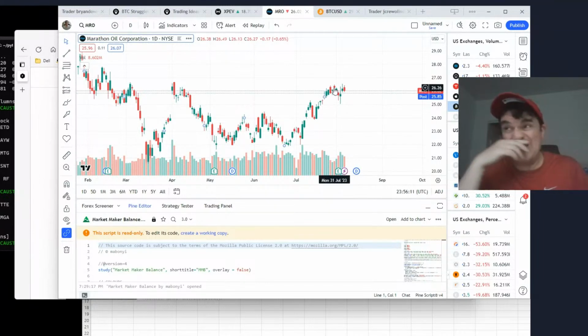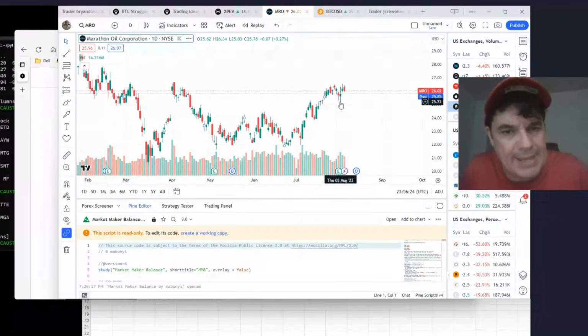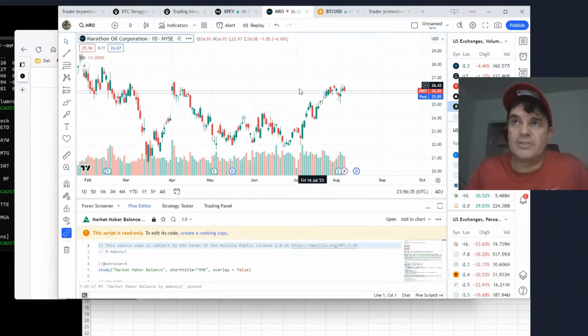Whereas a lot of stocks have gotten hurt really badly. I've seen some stocks lose a lot of money last week because they're not well managed, or they don't have a strong forward guidance. Because of that, their stock value comes down very quickly. But Marathon's held its own really good.